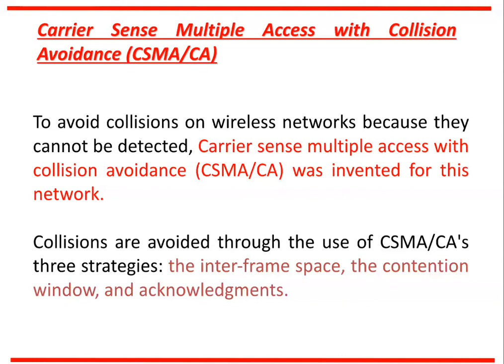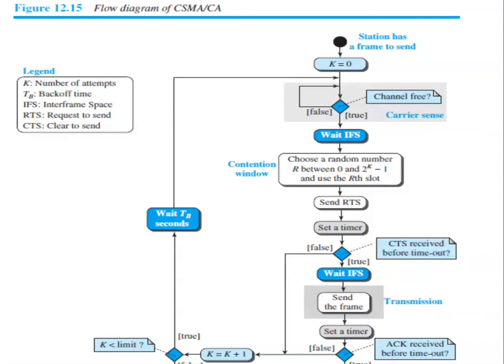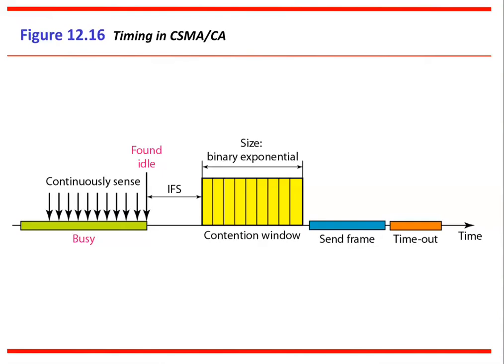Here, the collisions are avoided by using three strategies: interframe space, contention window, and acknowledgement. This is the flow diagram of CSMA-CA. To know what is interframe space, which you can see in the flow diagram, what is RTS, what is CTS, what is contention window, what is acknowledgement, let us look into each in detail.